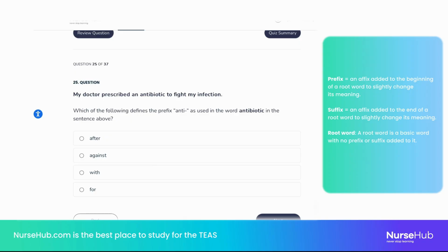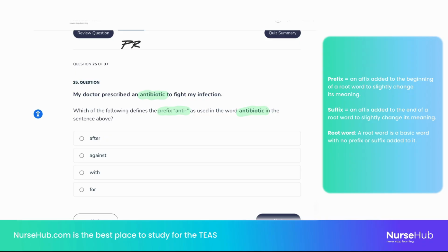Okay, so here, biggest thing, we are looking at the prefix anti in the word antibiotic. All right, and it's even in this sentence here as well. Now you could use these context clues and see that it's fighting and going with it from there, but really quick, this is also asking us about our word parts, which oftentimes come from Greek or Latin.